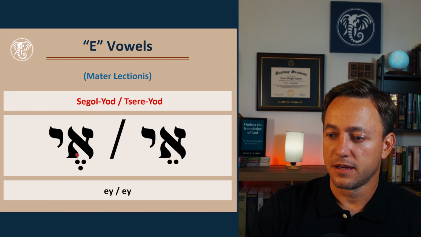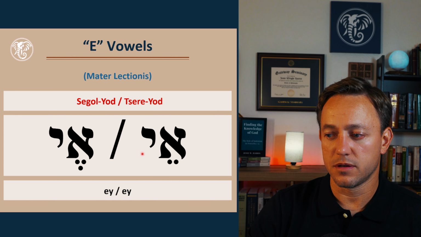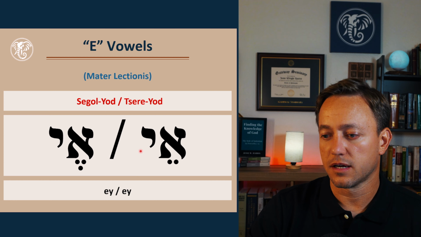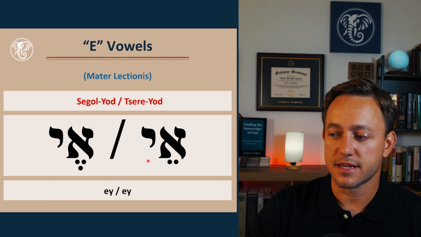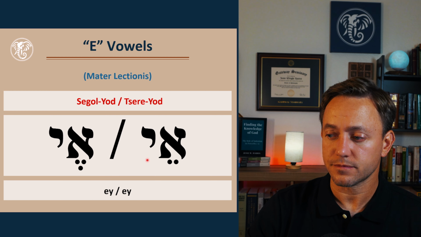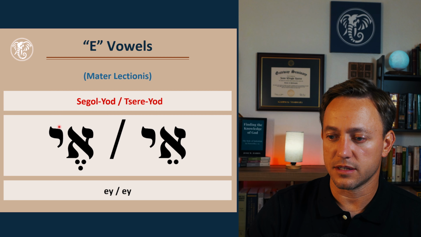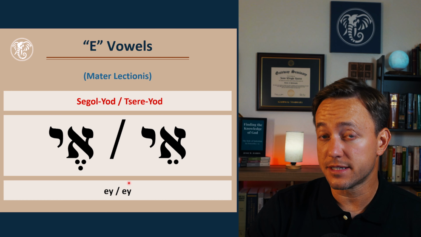All right. So let's also mention here a little bit more of a complication to it. And that is the sere and the segol do also have a mater lectionis form as well. So as you notice here, we have the sere plus the yod and the segol plus the yod. And both of these actually have a little bit of a different sound.